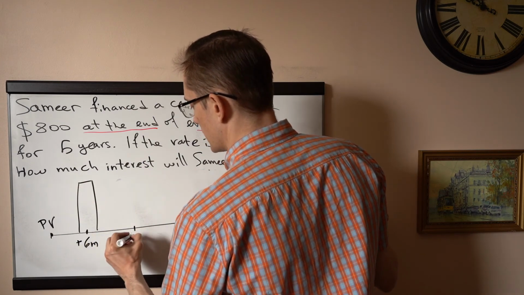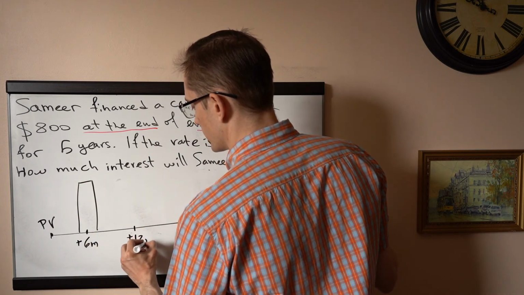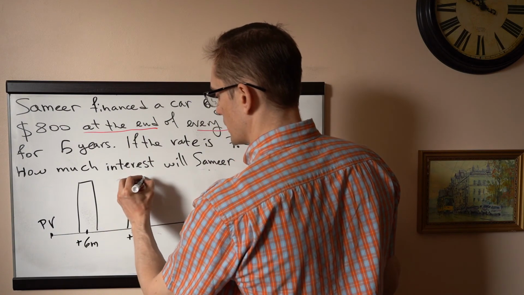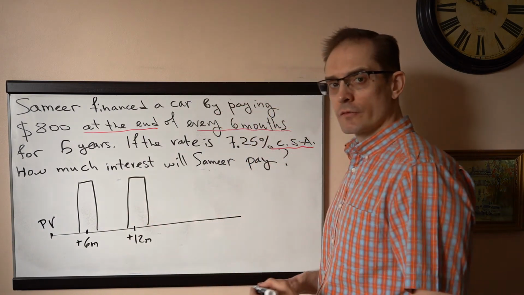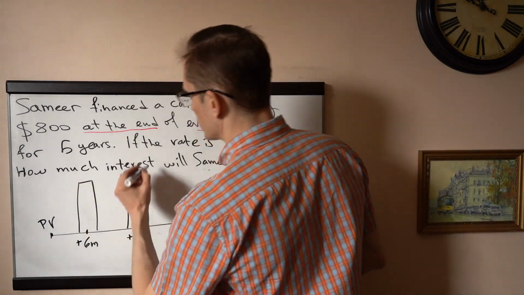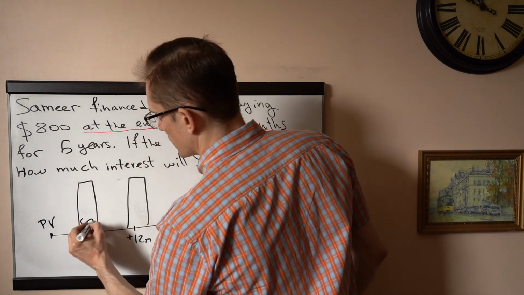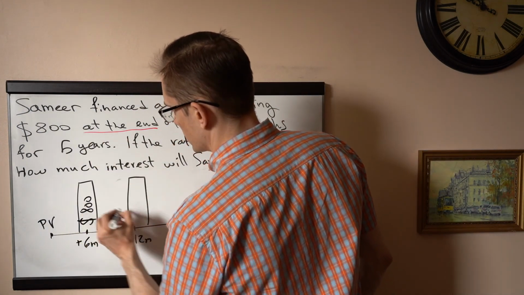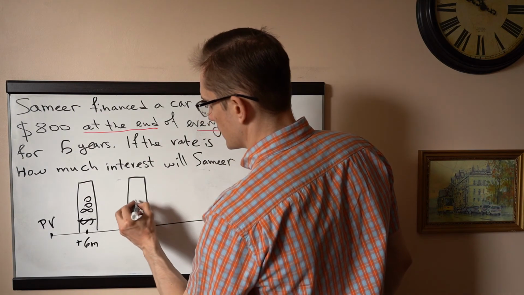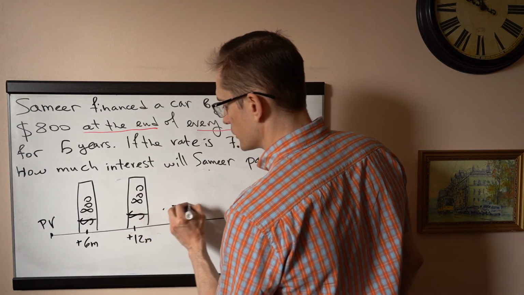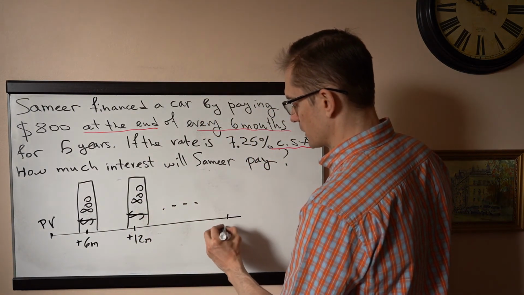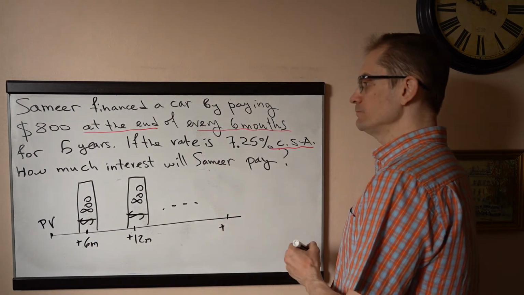Okay. Then plus 12 months, which is plus 1 year, you will have another payment. So each of those payments are equal, right? Which is $800. So this is $800, and this is $800, and so on, right? So we have the same kind of payments.